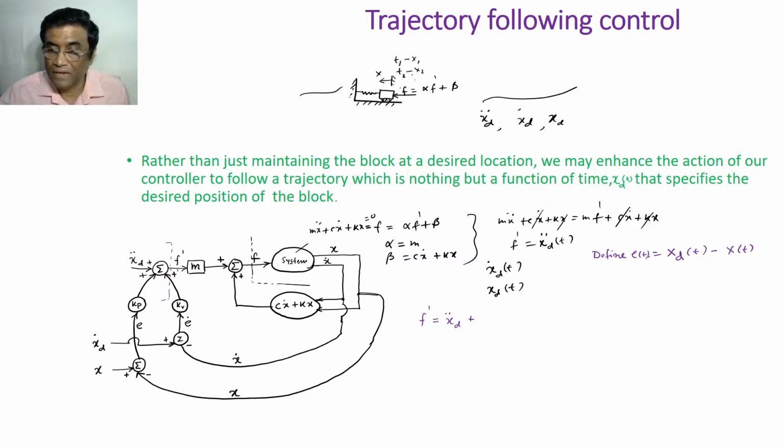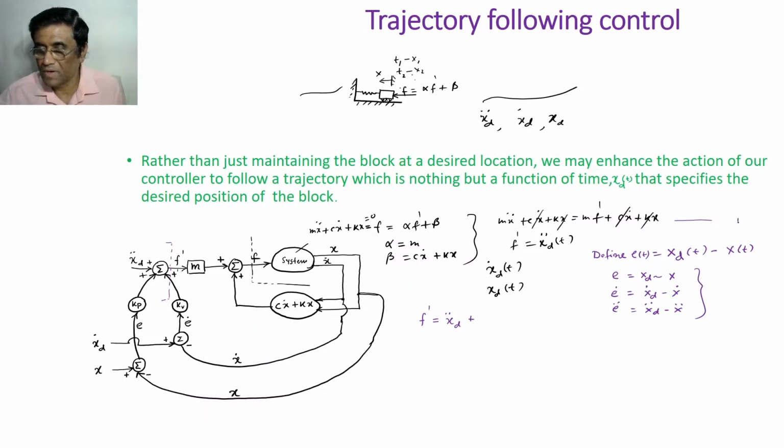This is the error as a function of time. So I can now write this minus actual. Sometimes we write the difference between desired and actual, so that it could be plus and minus. So this is 1, this is 2, the entire.